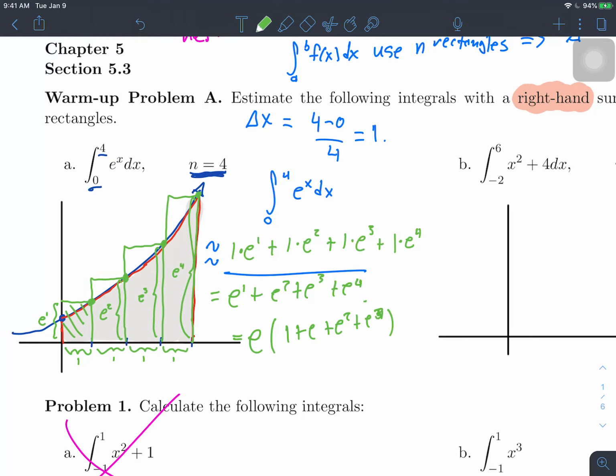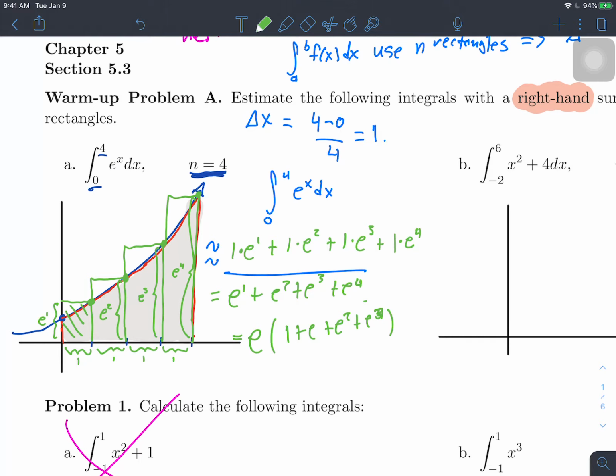Okay, so that's how we do this. We just find the height of these rectangles and the width of the rectangles, and then we add up all of their areas. One thing I want to ask you guys: do you think this estimate is an overestimate or an underestimate of the actual area?